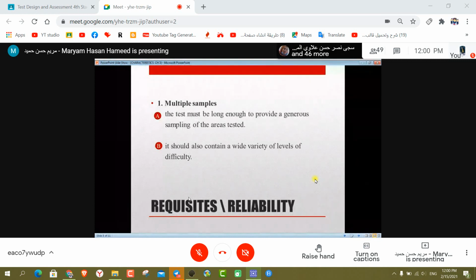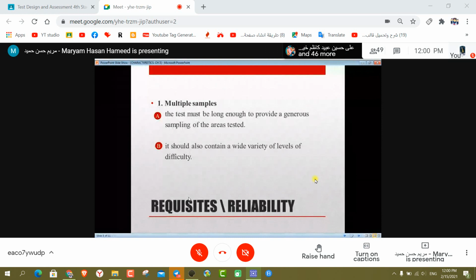More samples means, for example, within the same test, the first question is multiple choice, the second one true false, the third one a cloze test, the fourth one a supply question, and so on. Matching, we have many types of tests. So more samples means more reliable.